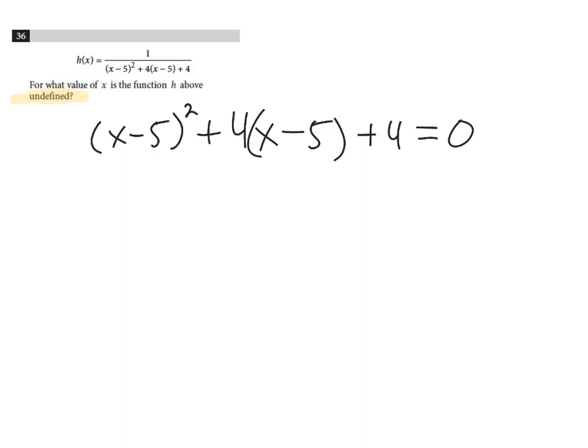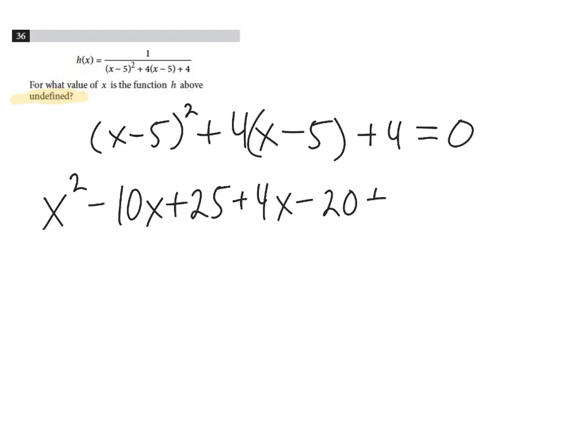When I expand this first squared binomial, I'm going to get x squared. It's going to be x times negative 5, and negative 5 times x, that's going to be negative 10x. Negative 5 squared is 25. I'm going to distribute this 4. That'll be plus 4x minus 20 plus 4 equals 0. All right, I'm going to combine like terms. I have x squared.